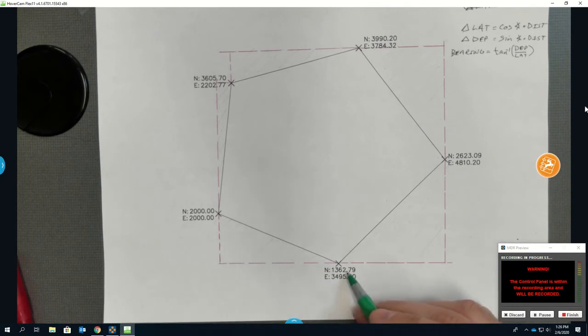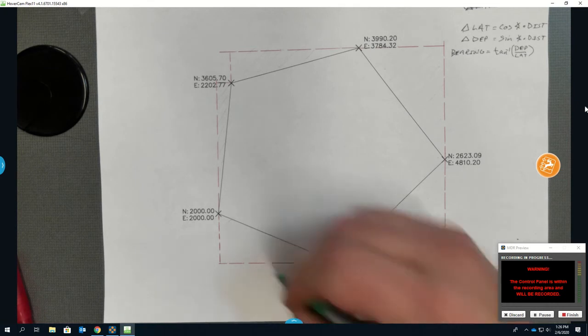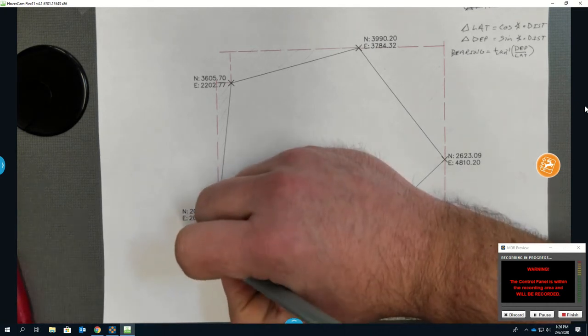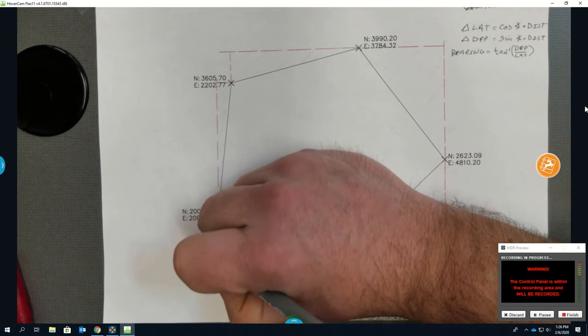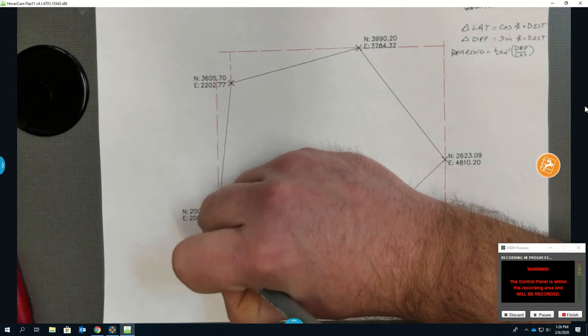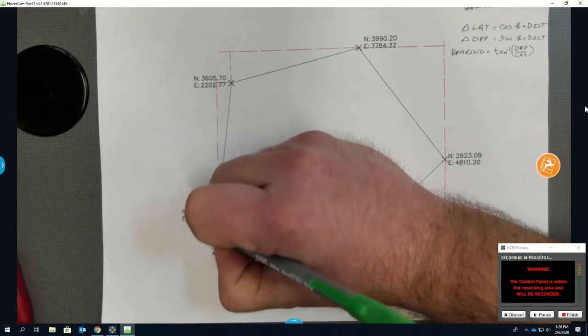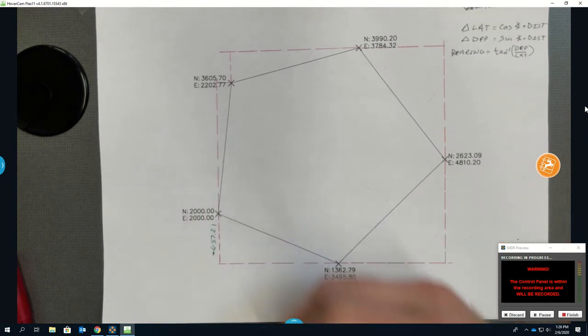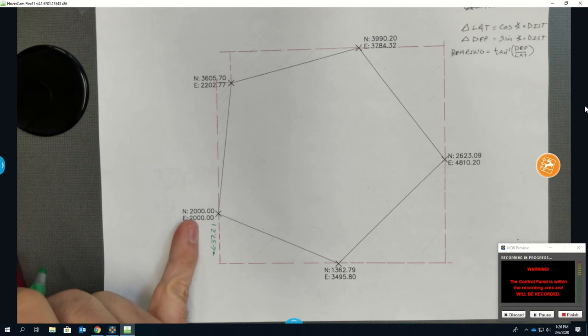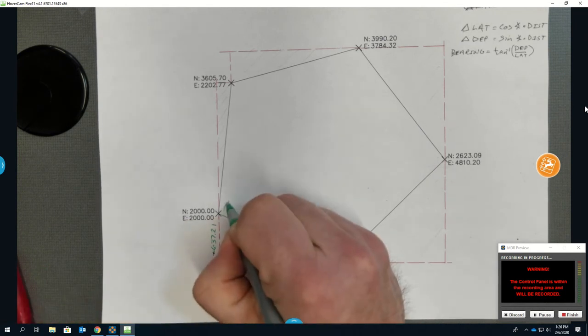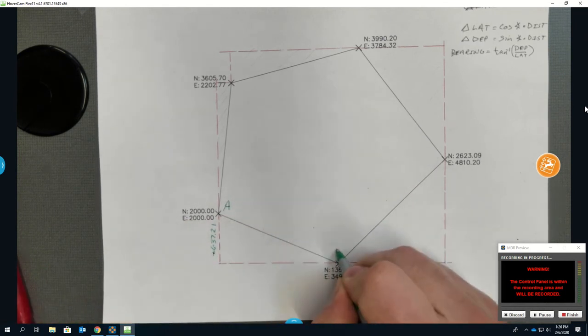So if I have 1362.79 and I subtract 2000, I am minus 637.21 feet south of this point here. Let's call this point A, and we're going to point B.